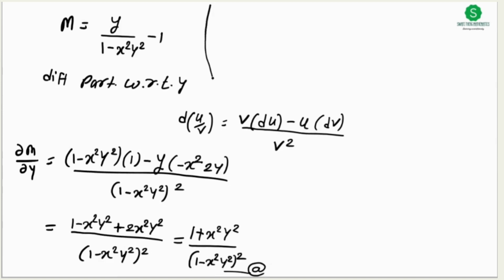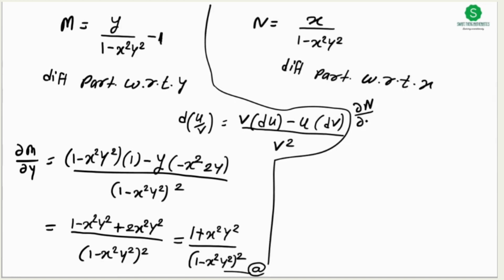In a similar way we have to differentiate n partially with respect to x. Del n by del x is equal to, here division term 1 minus x square y square as it is, derivative of numerator term is 1, minus numerator term as it is, derivative of denominator, which is 1 minus x square y square, and its derivative is minus 2 times x y square, divided by 1 minus x square y square whole square.